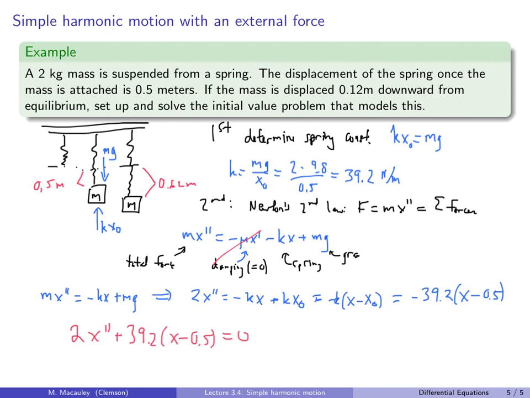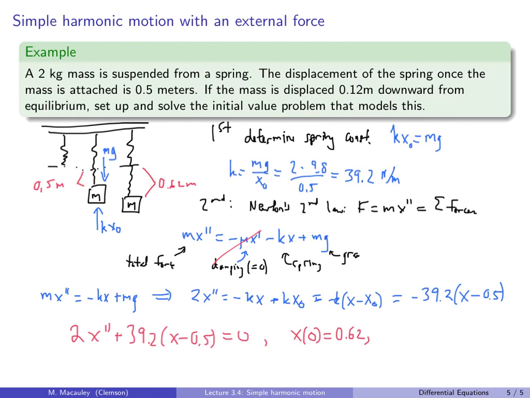Now the first one you can see right away, it's the mass is displaced 0.12 meters downward from equilibrium, so that's 0.62, starting from counting right here. So we have x of 0 is 0.62. And then we actually need one more.